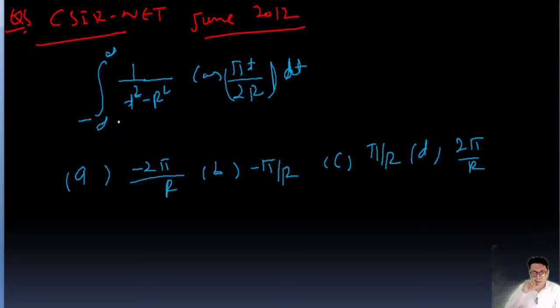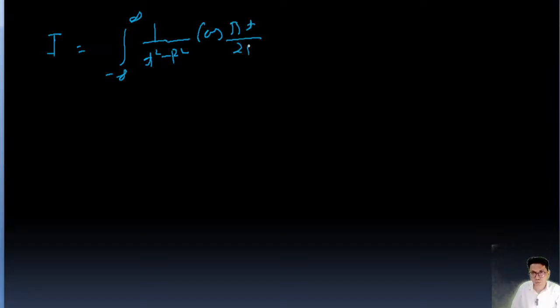Integration from minus infinity to plus infinity of 1 upon t square minus r square, cos pi t upon 2r dt. Okay, so I'm going to solve it. So I is going to be the integration from minus infinity to plus infinity of 1 upon t square minus r square, cos pi t upon 2r dt.